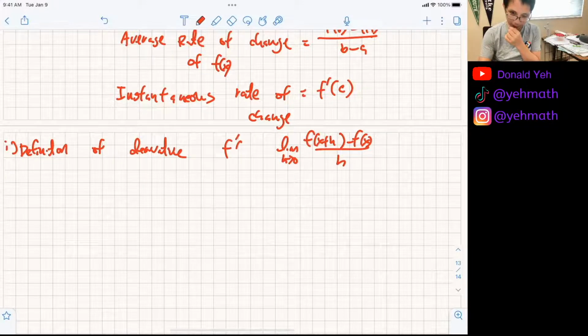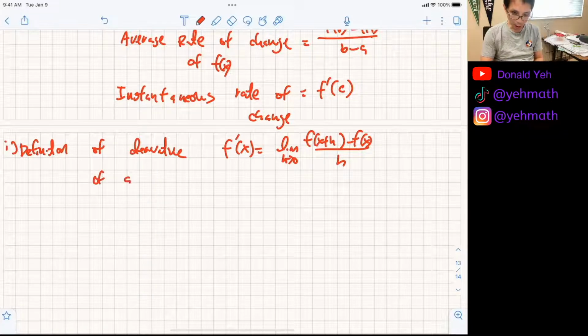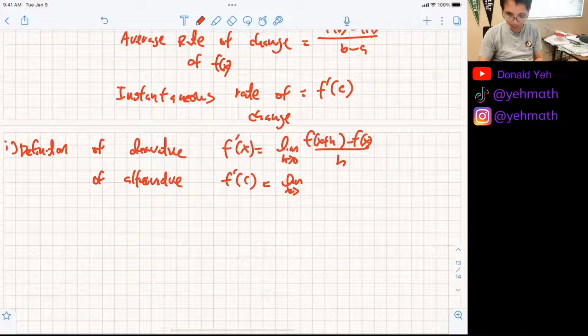But you have to remember the other side too. It's f prime of x. So f prime of x is equal to that. You already did a pretty good job. The alternative is also another one. So f prime at a specific point c is the limit as x approaches c of f of x minus f of c over x minus c.